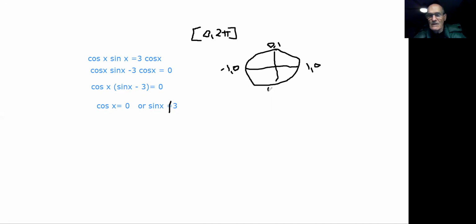And you have 0 and -1 down here at 3 pi over 2, and then back to 2 pi. So if you look at the cosine being 0, the cosine is 0 up here. So my answers here are x equals pi over 2 and 3 pi over 2.